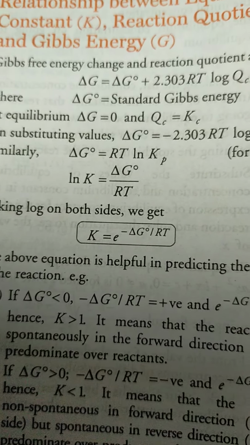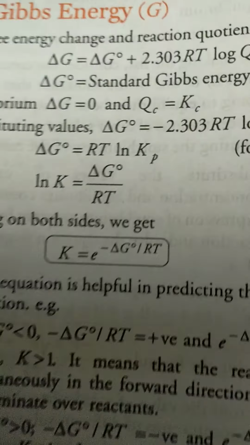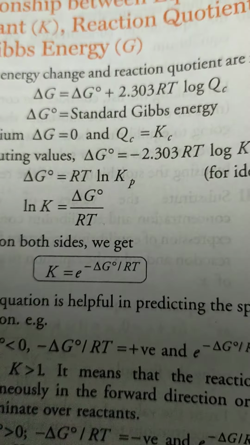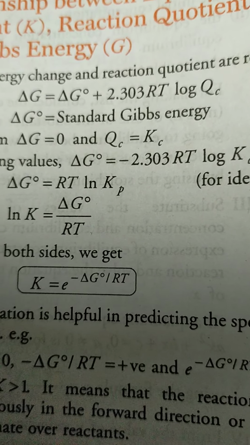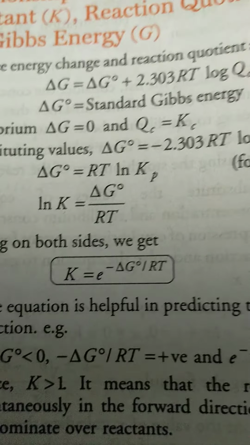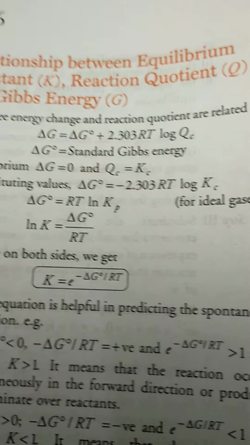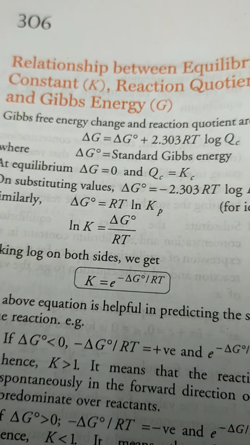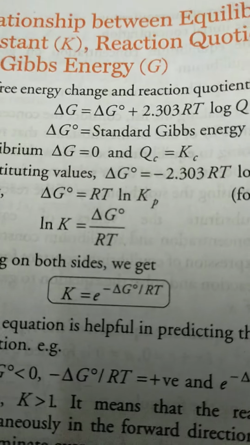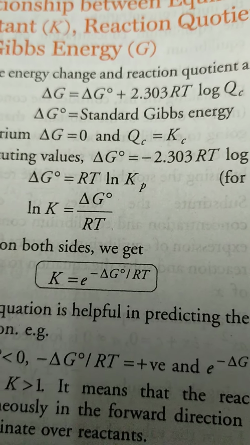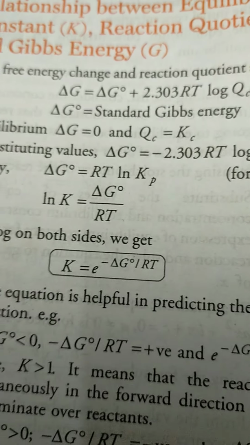So Gibbs free energy change and reaction quotient are related as delta G is equal to delta G naught plus 2.303 RT log Qc. This is the equation. What is the relation between equilibrium constant, reaction quotient and Gibbs energy? Delta G is equal to delta G naught plus 2.303 RT log Qc.